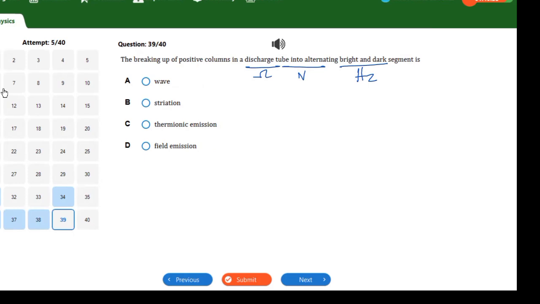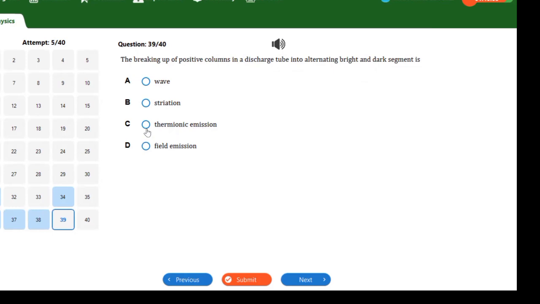Question 39 says, the breaking up of positive columns in a discharge tube into alternating bright and dark segments is called what? A wave, saturation, thermionic emission, or field emission. It cannot be wave. It cannot be thermionic emission, which is the emission of electrons when a metal surface is heated.